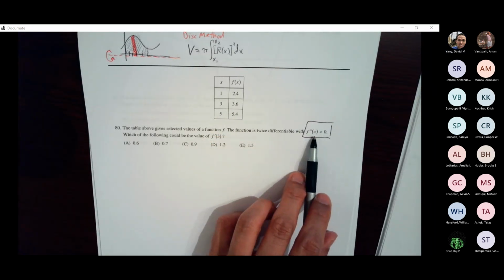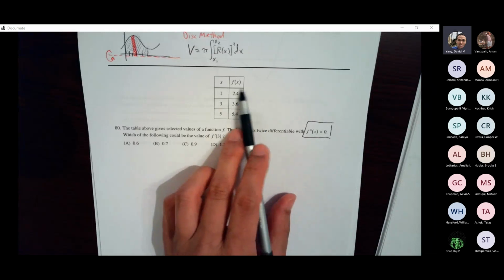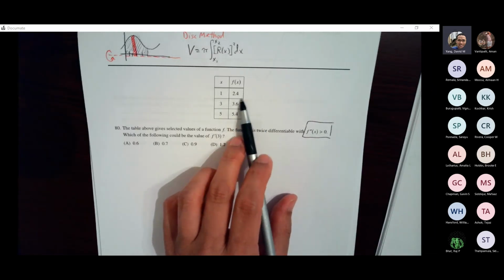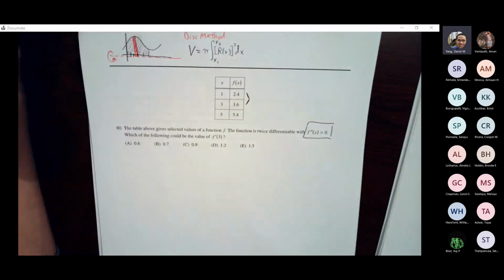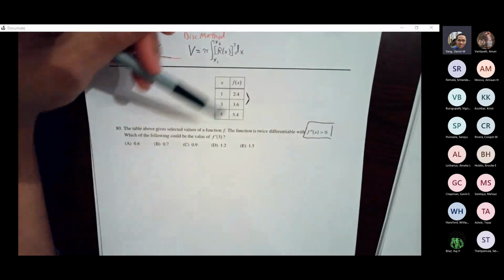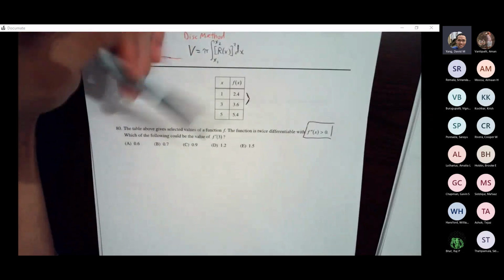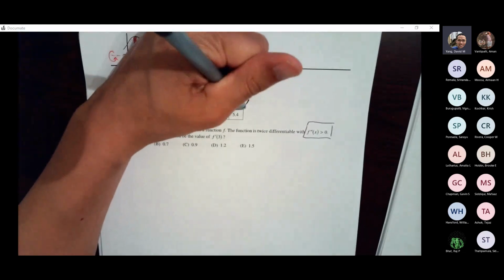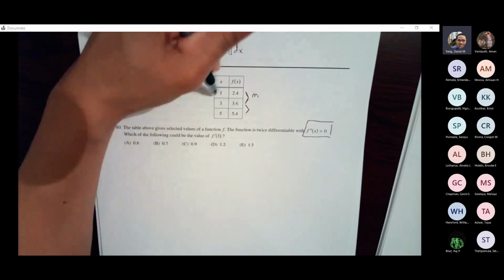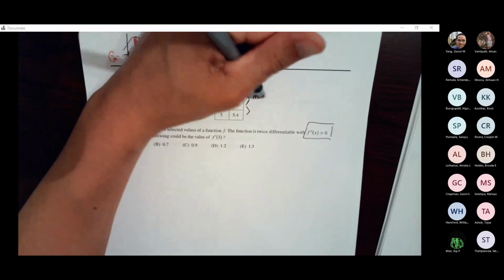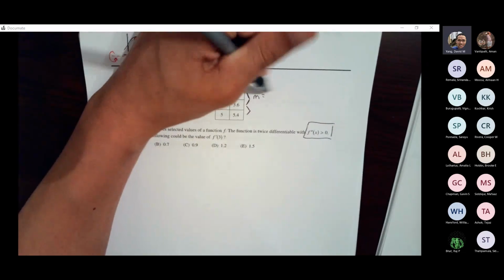So let's first find out what is the slope at each of these intervals here. We know that second derivative is going to be involving rate of a rate. Okay, so if I just find the slope here, it kind of gives me a starting point. So if I do slope between 1 and 3, I did change in y over change in x.